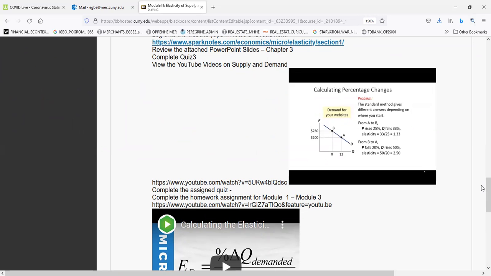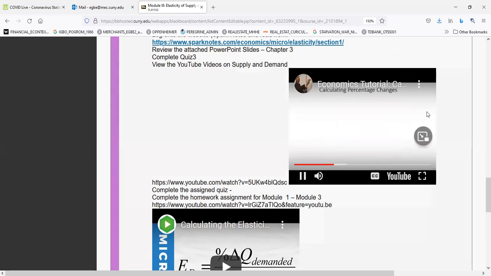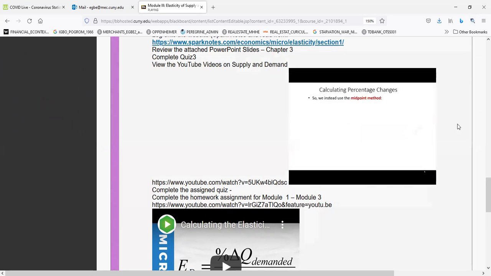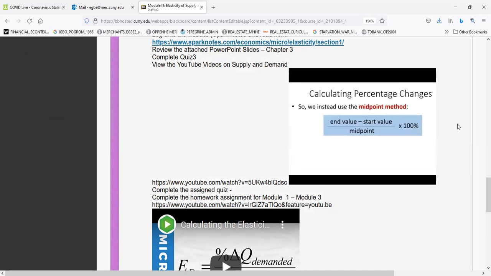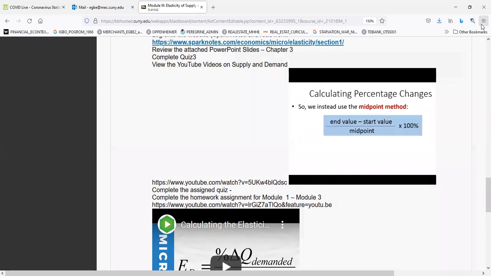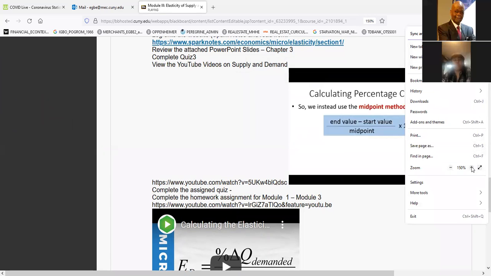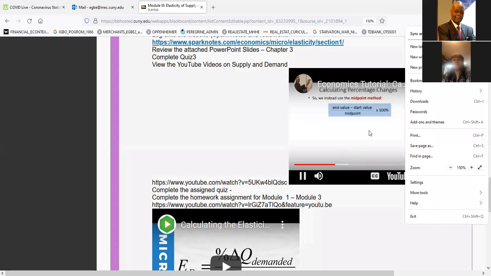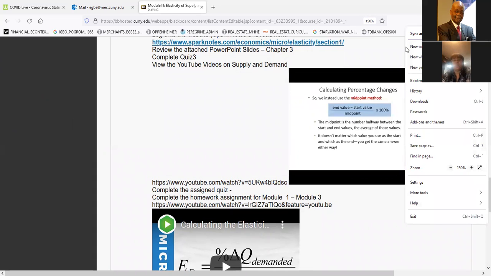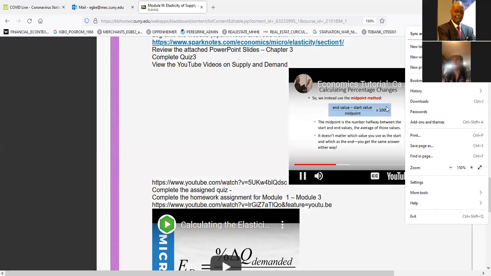Are you seeing it better now? Okay. I don't understand why I can't get it on my computer, but I can get it on my phone.